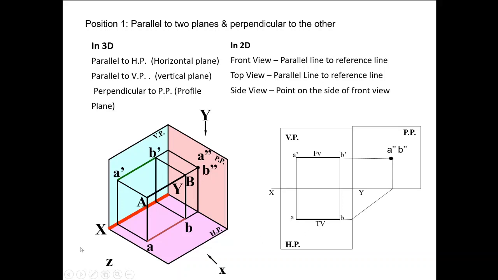Now the perpendicular to PP. Now this line is parallel to HP and VP, but it is perpendicular to this PP. So the side view will be, now if you see from here, we will see this line as a single point.